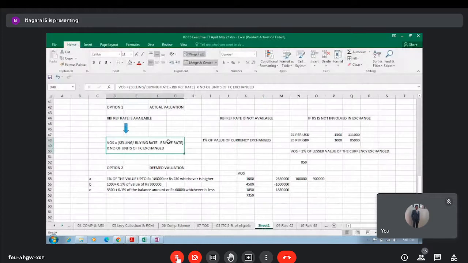That means the difference of these two multiplied by the number of units exchanged.